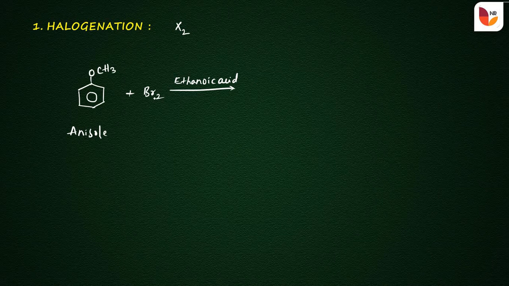The electrophile Br plus attaches at the ortho and para positions. That is, it gives a mixture of ortho and para bromo anisole. First it attaches at the ortho position, and then the Br, that is the electrophile, attaches at the para position.